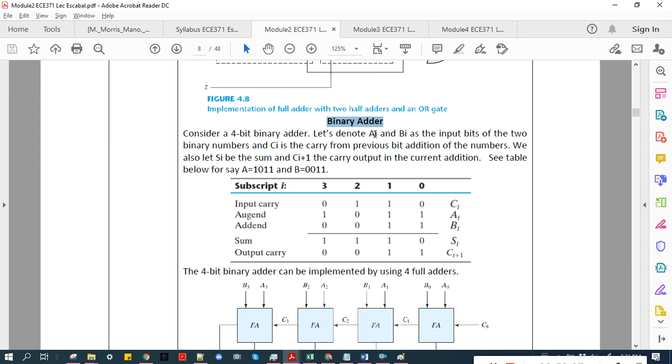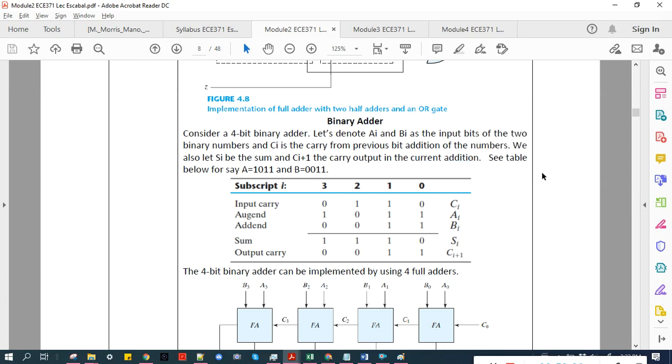Let's denote Ai and Bi as the input bits of the two binary numbers, and Ci is the carry from the previous bit addition of the numbers. We also let Si be the sum and Ci+1 the carry output in the current addition.